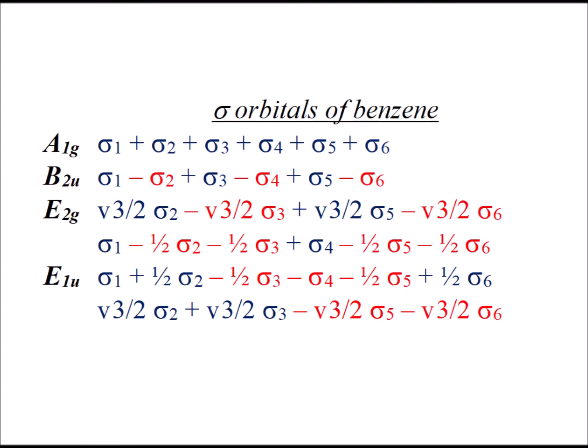Here we summarize the linear combinations of the sigma orbitals of the carbon atoms on benzene. We just write down the coefficients and the sigma 1 through 6 that comes after it. Notice that if we have a change from a blue to a red color, that lets us know that we have a node in our molecular orbital.